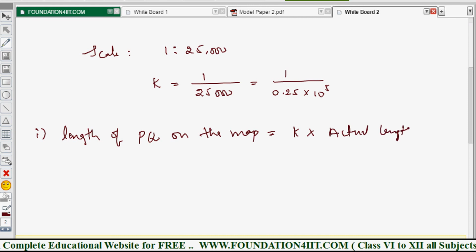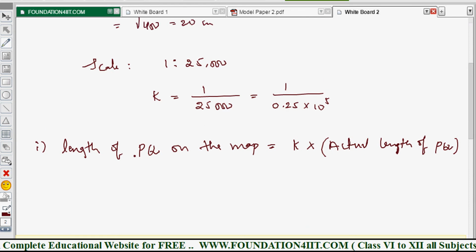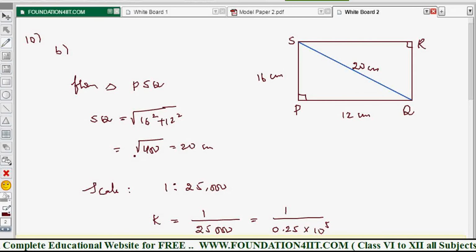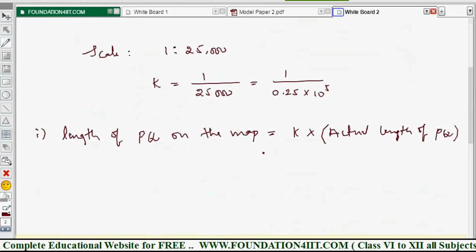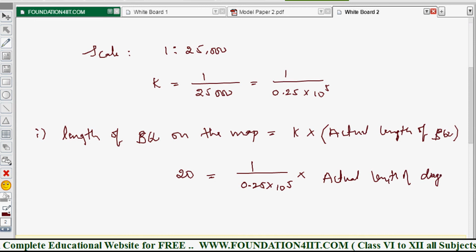Here they are asking for the diagonal of the plot, so we take SQ, which is 20 on the map. So 20 is equal to 1 by 0.25 into 10 to the power 5, into the actual length of the diagonal. Actual length of SQ means the actual length of the diagonal, which we need to find out.